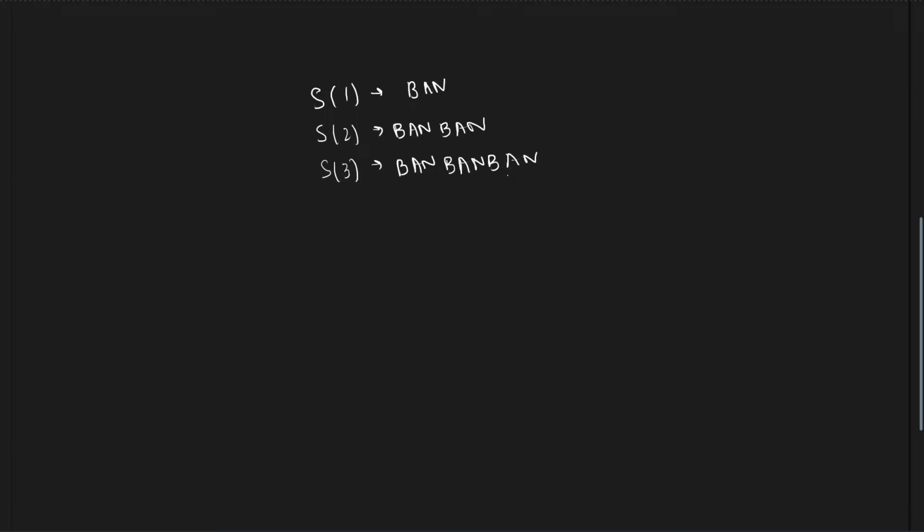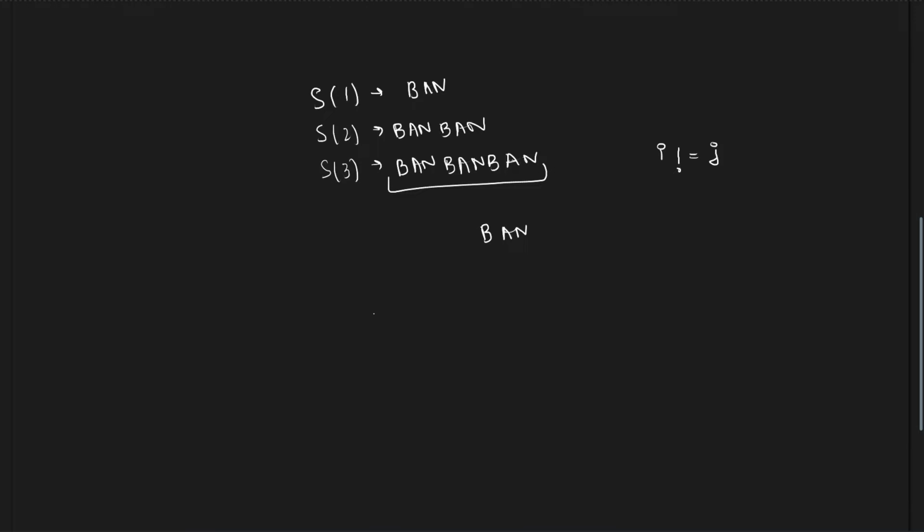Now in one operation, what I can do is I can select two indices i and j such that i is not equal to j, and I can swap those indices, right? I have to swap the values in such a way that the final string that I have should not contain the subsequence ban.